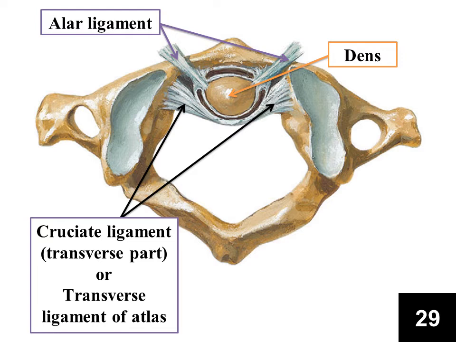Also you can see above the alar ligament indicated by the purple color arrow and the dens which is indicated by the dense color arrow.